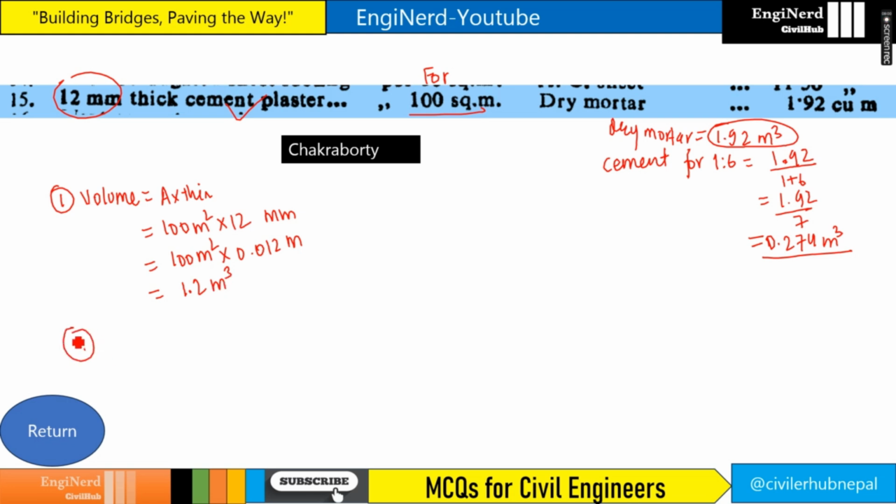Now there is a provision for considering wastages and filling irregular surfaces, depressions, joints. So we need to increase for all these reasons.